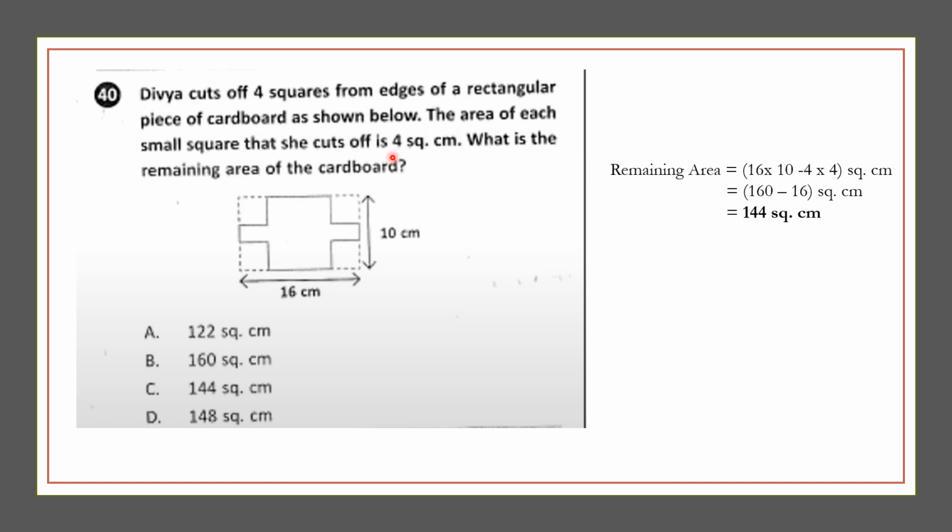And 1 square's area is 4 square centimeter. The total area will be 16 centimeter times 10 centimeter. And then we will subtract 4 times 4 square centimeter. So let's do it here. 16 times 10 minus 4 times 4 equals 144 square centimeter, which is option C.